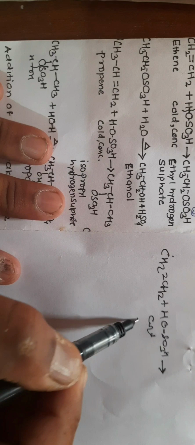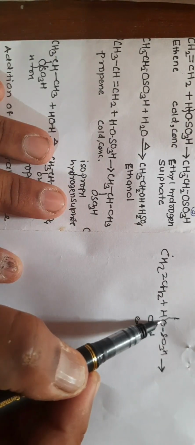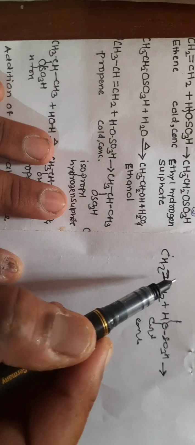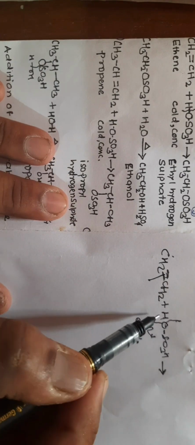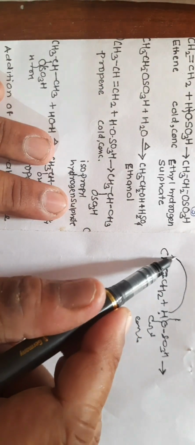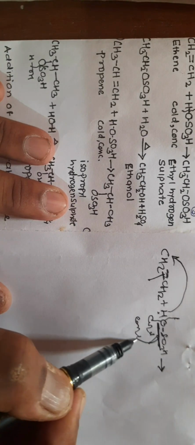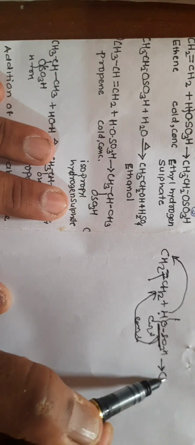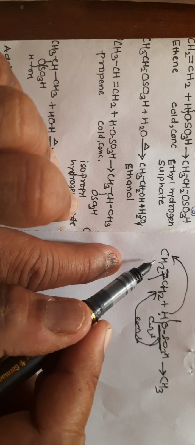See this: the bond between this oxygen and hydrogen atom breaks here, and at the same time, one of the bonds of the double bond between these two carbon atoms breaks, and we will get the structure like this. Hydrogen goes to this carbon atom, and the remaining part, OSO3H, goes to this other carbon atom, and we will get the structure like this. CH2, after the H here is added to this, it becomes CH3.